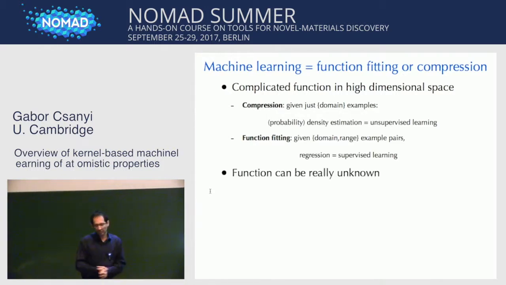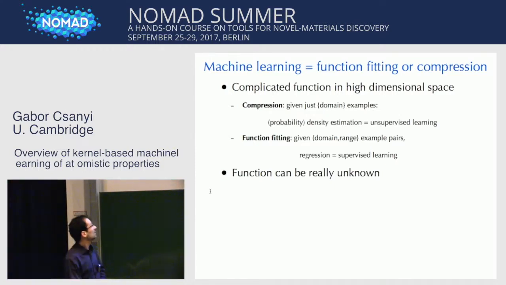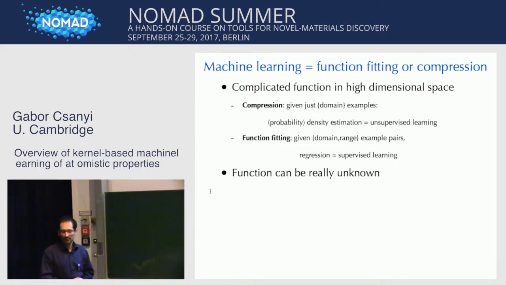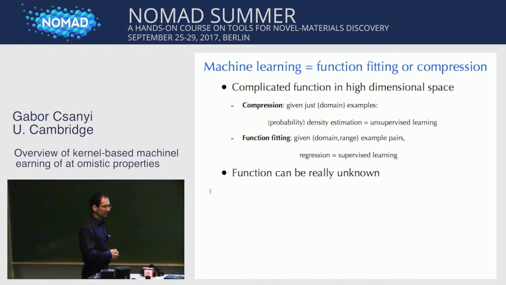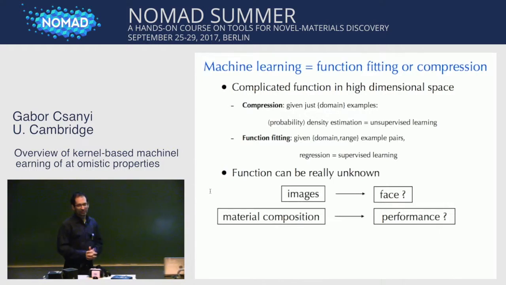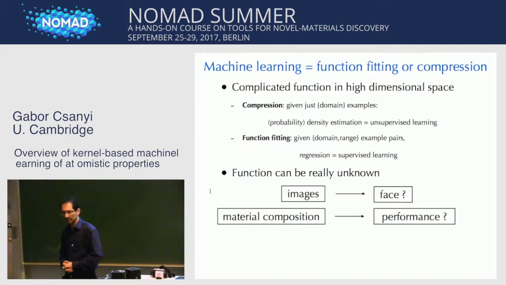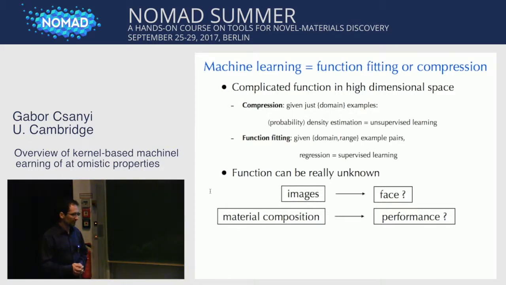The functions that we're talking about, both for supervised and unsupervised learning, can really be unknown, in the sense that there may not be a closed form procedure to compute that function. That's the case for finding faces in images. There isn't a way to compute it deterministically. There isn't an algorithm which tells you whether there's a face in an image and whose face it is.